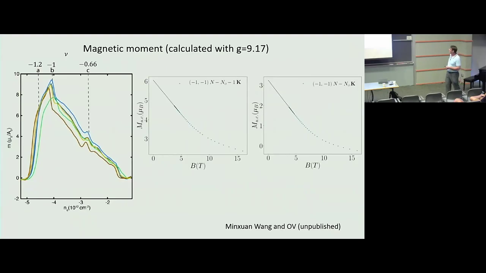This is now with this large g factor. The values that we get are not exactly the ones that they see, but they are not far. For example, here we see something above 6, they see something about 9 Bohr magnetons per unit cell, and this is maybe 3.5 there at about 6. So it doesn't completely match. You may need a larger g factor, but actually most of this is coming from this large g factor.